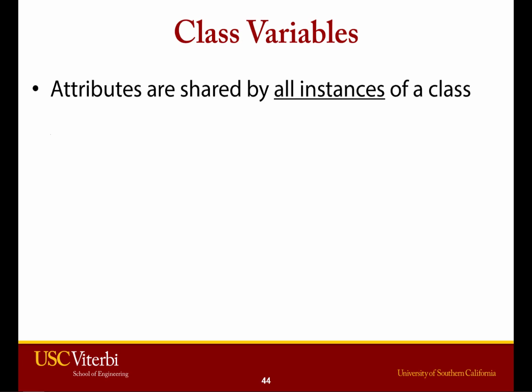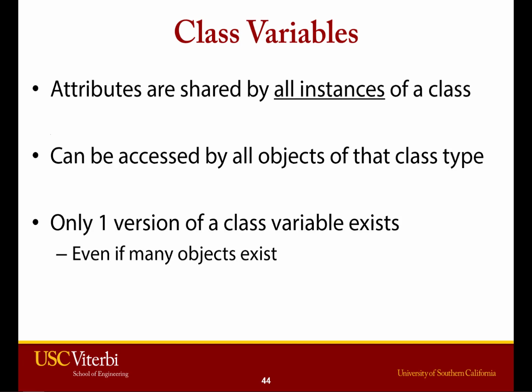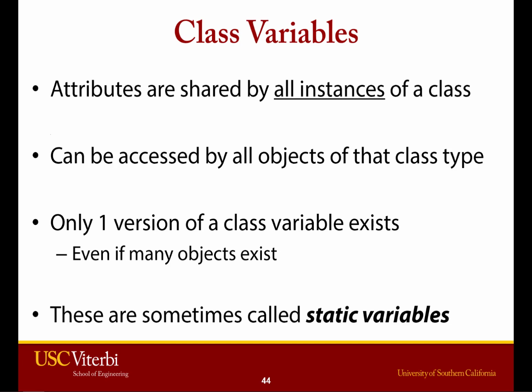These are attributes that are shared by all the instances of the class. Everybody gets that copy. This means that everyone can access that attribute. And what's also unique about it is only one copy exists. These are sometimes called static variables in other programming languages.